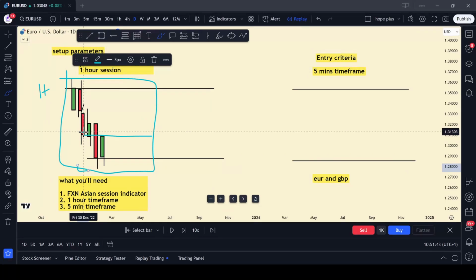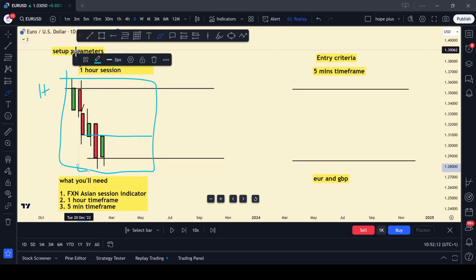It should be the 1 hour, not 4 hours, not 15 minutes, not daily, not weekly. 1 hour, because you are looking at scalping, but still using this opening price as your support and resistance level. As I said, it is a very powerful tool. So you are going to mark out the highest reversal opening price and the lowest reversal opening price on the 1 hour time frame within the London session.